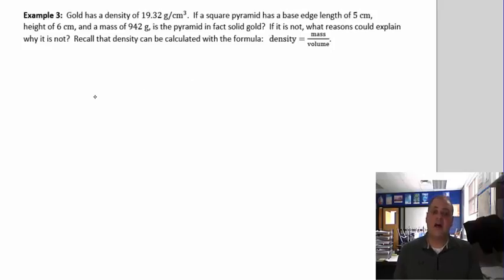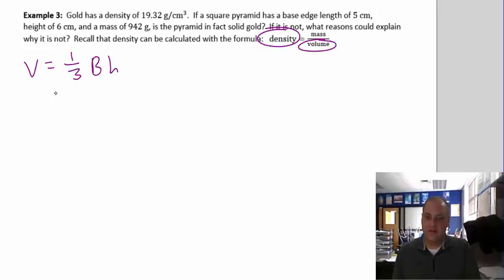Ooh, is it solid gold? All right, so we need volume. We know the density. If we could find volume, then we could find the mass. So we're going to do volume. 1/3 base area times height. Now it's a square, so the base area is side squared, times height.